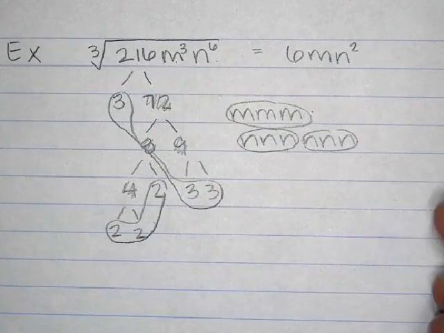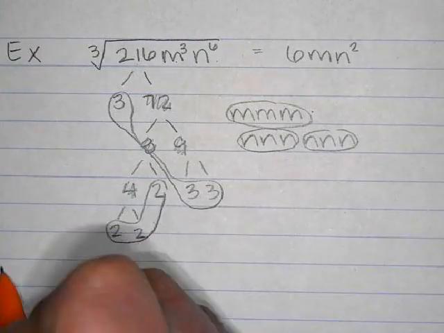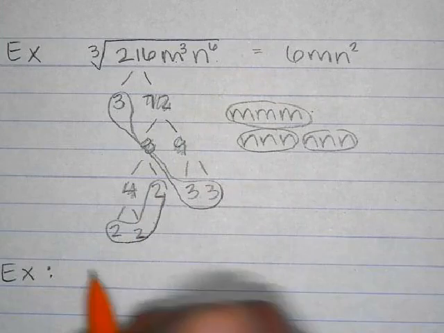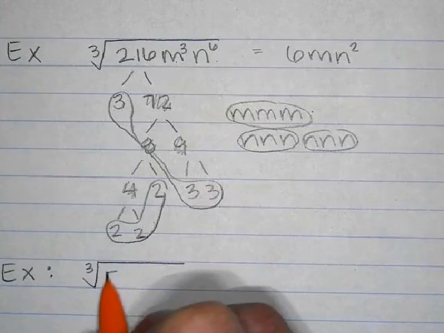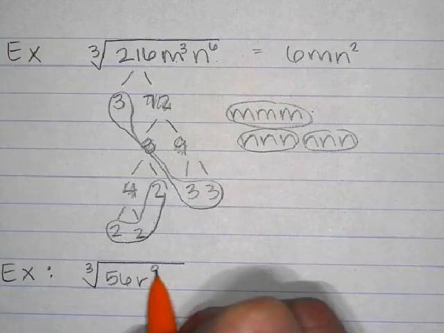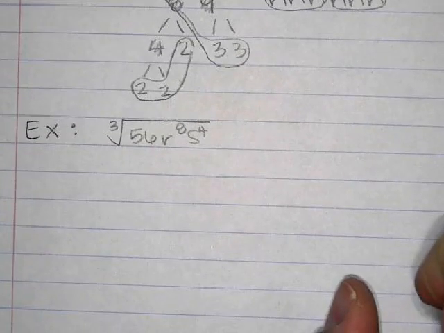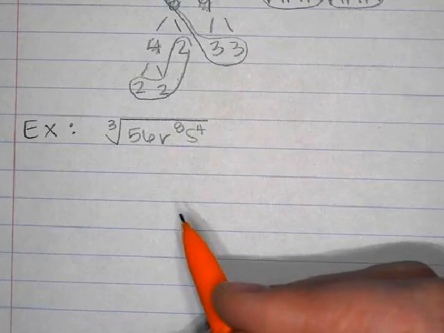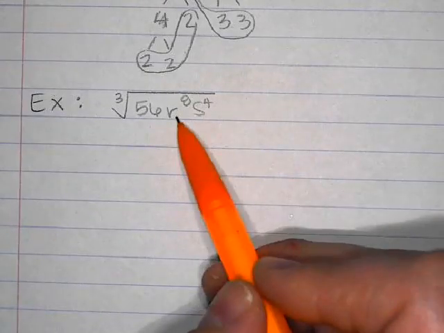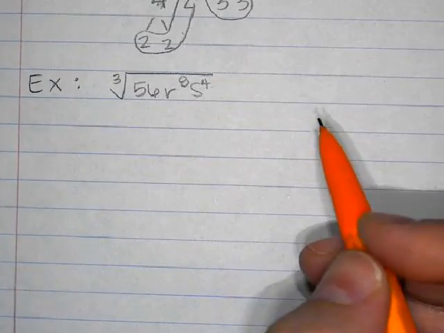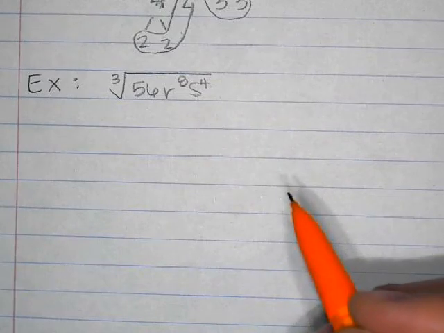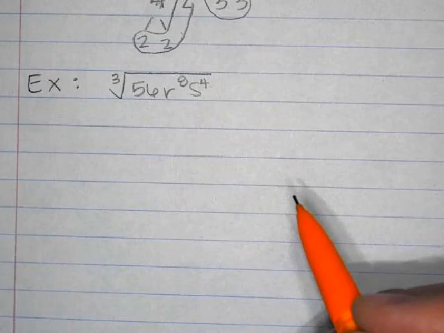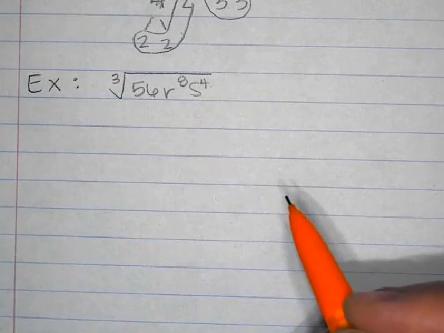Okay, let's try another one. We're going to do the cube root of 56 r to the 8 s to the 4. Not a perfect cube this time, so it'll be more interesting. Is that S to the 4? Yeah. All right.